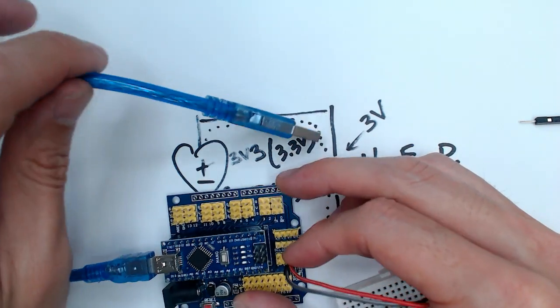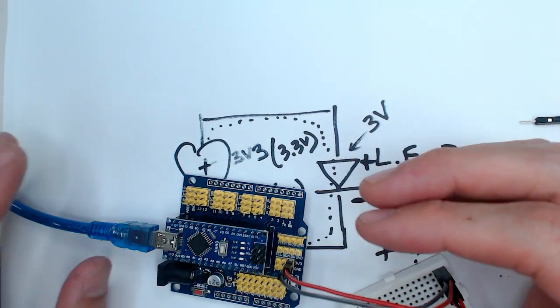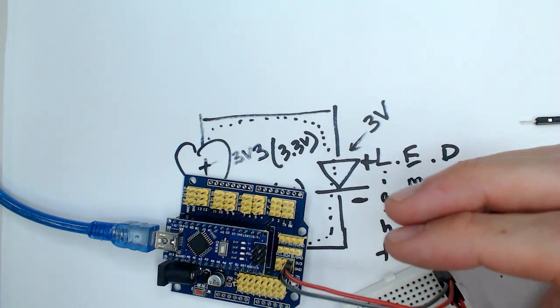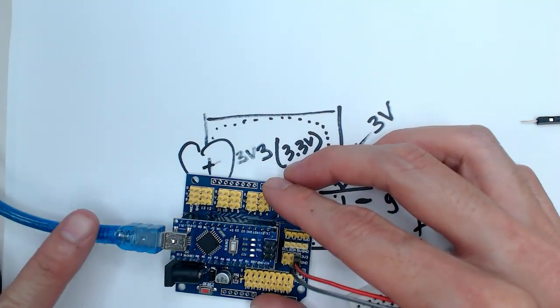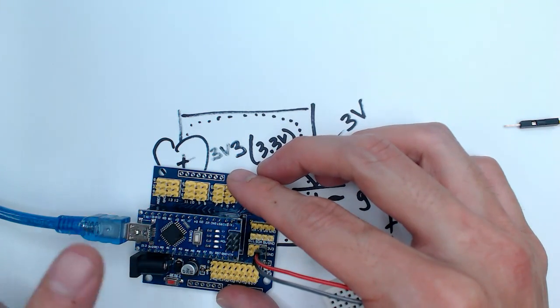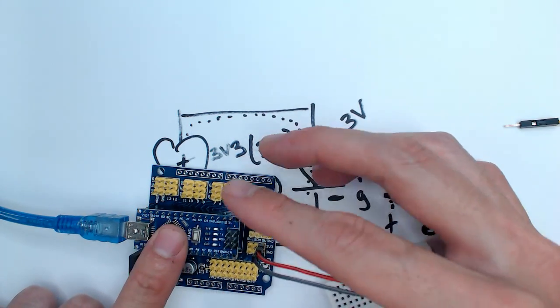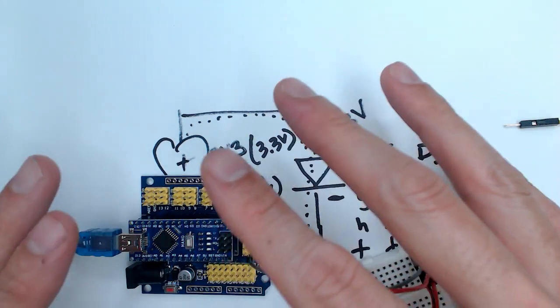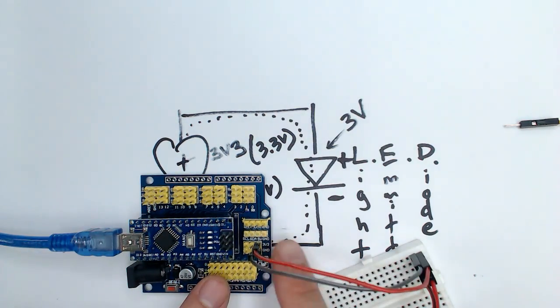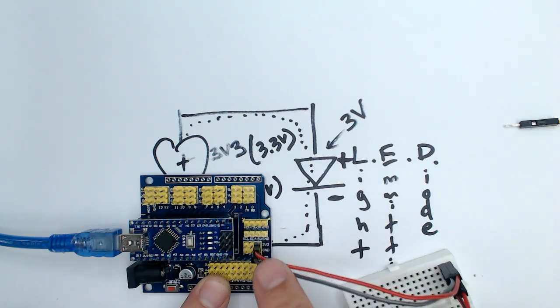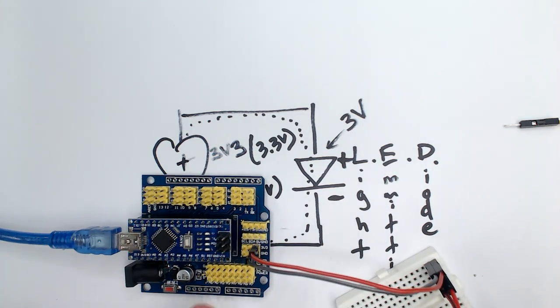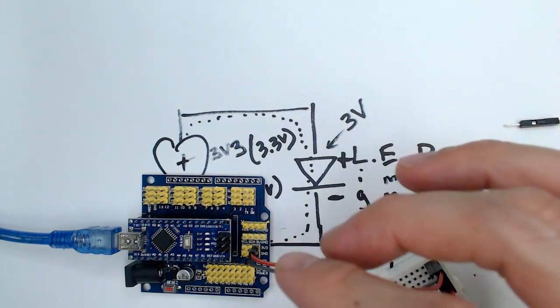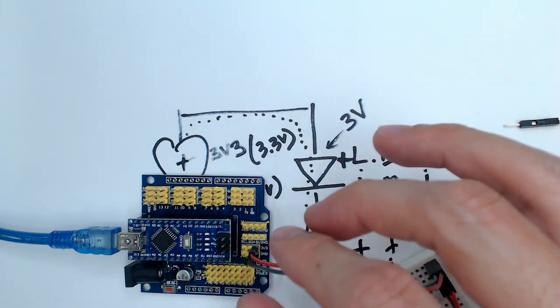So what's going to happen is that your computer is going to give you power, and it's going to go through this blue cable into the brain, and then the brain has some circuits in there, and it does some stuff so that 3.3V of power comes out on this red wire. Okay, so let's go ahead and do that.